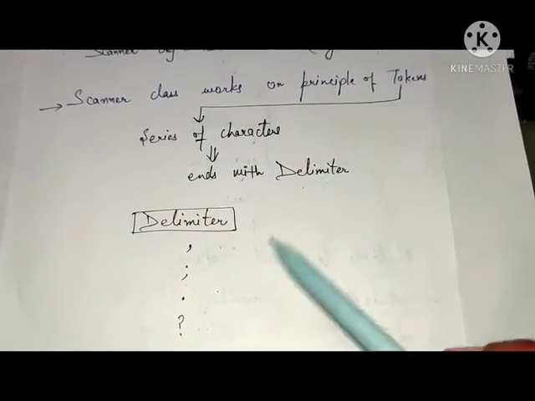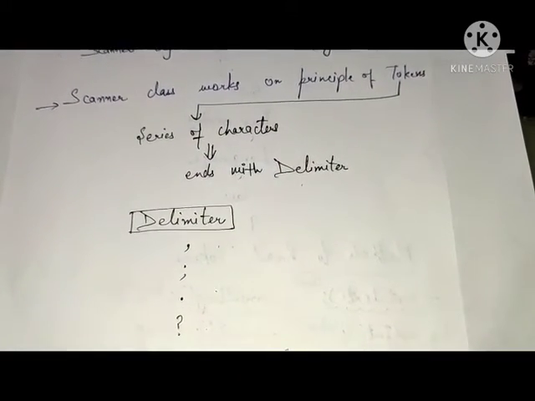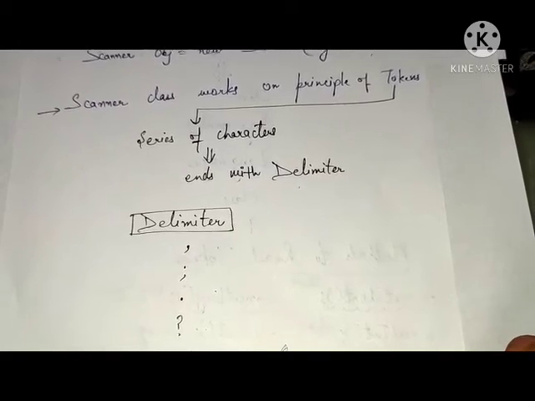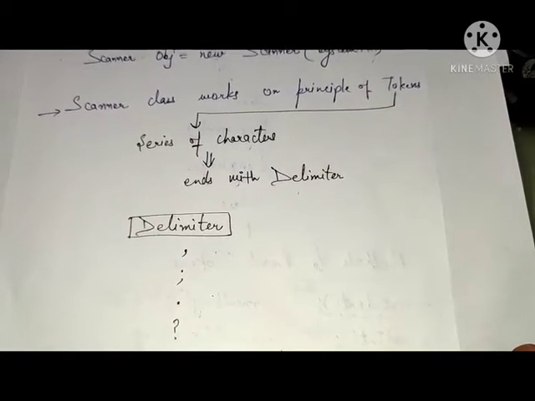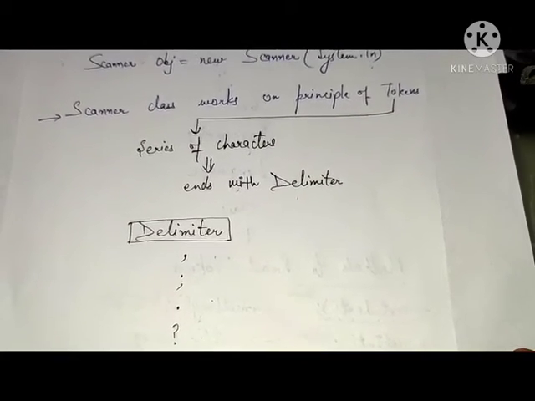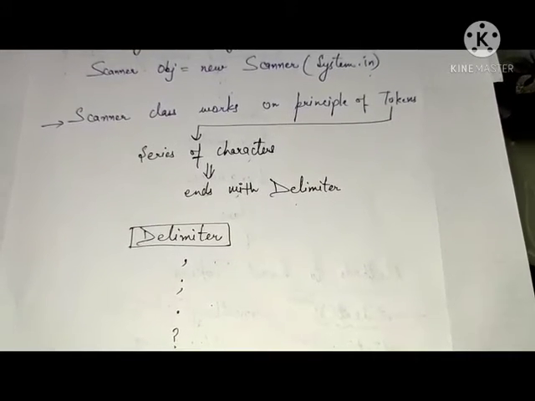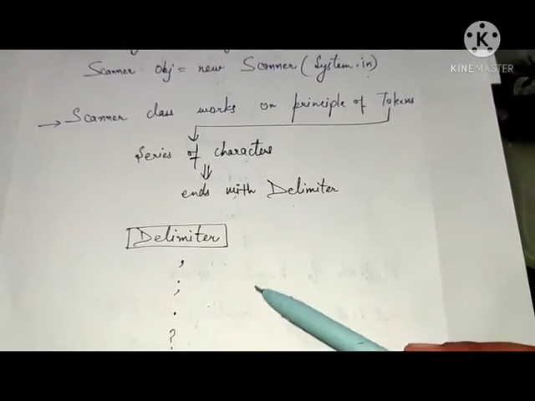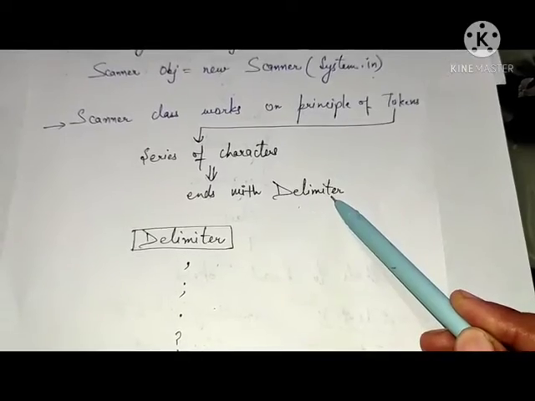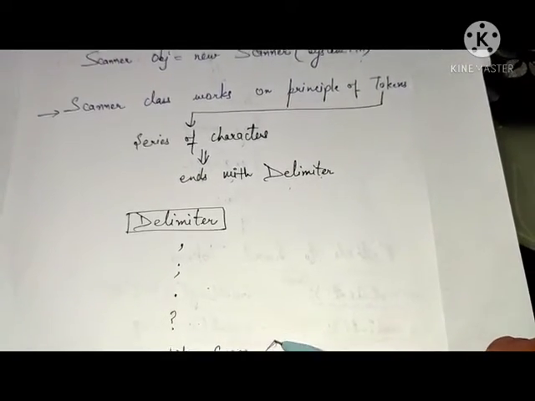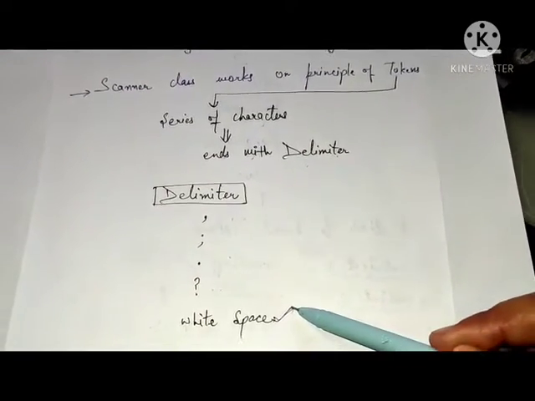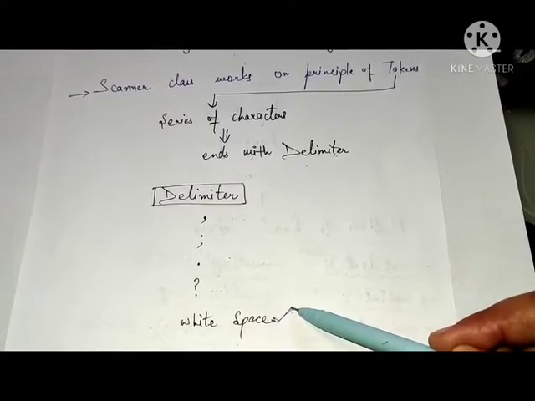By default, scanner uses white space as a delimiter. Every input given by the user, scanner treats as a token, and each token is ended with a delimiter. By default, it uses white space as a delimiter.